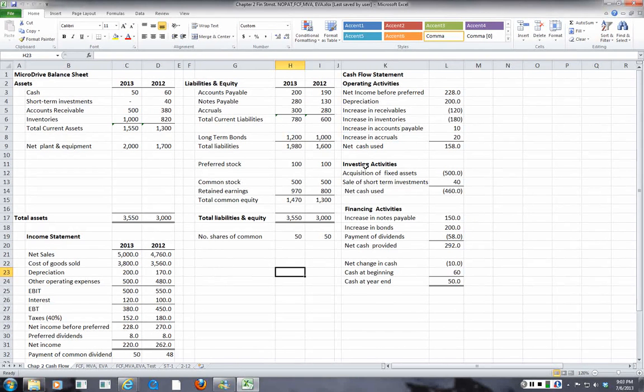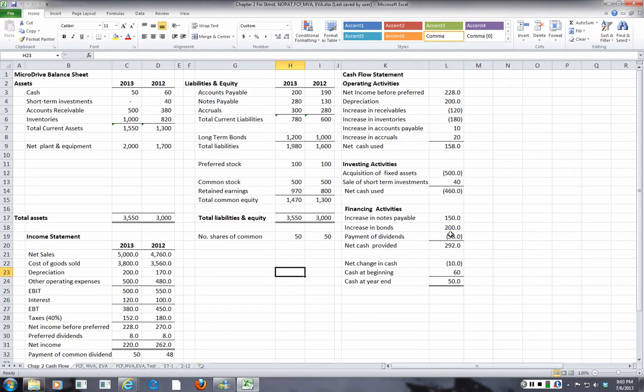Then we've got investing activities, and there's a big chunk here: an increased acquisition of fixed assets of half a billion dollars, $500 million. Well, I guess it's $500,000. That's a lot, so you want to find out how they financed that. Looking at the financing activities, they increased notes payable by $150,000 and increased bonds by $200,000.